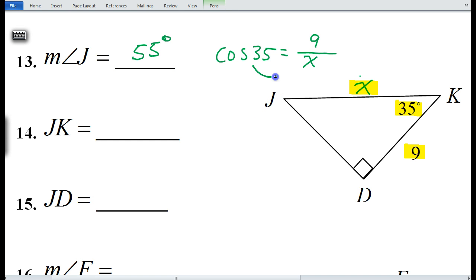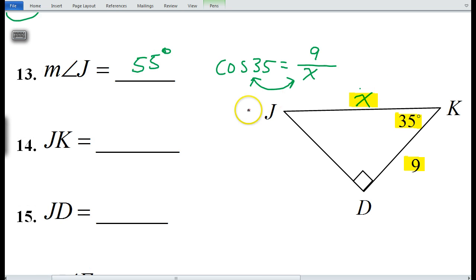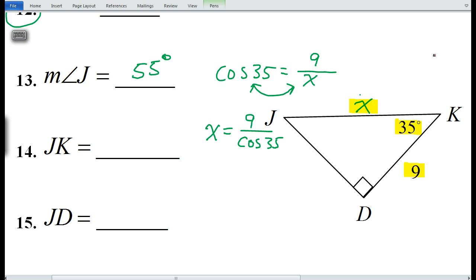That we could just swap them? So then we would get x equals 9 over cosine 35. So that would be JK: 9 over cosine 35. That's the expression that we're looking for. Any questions right there?